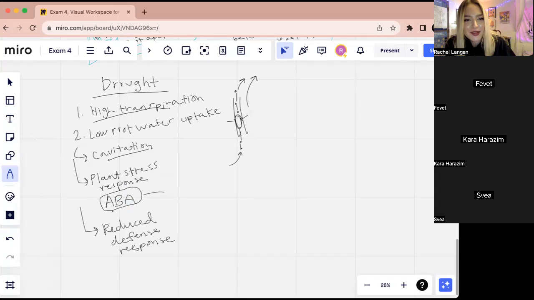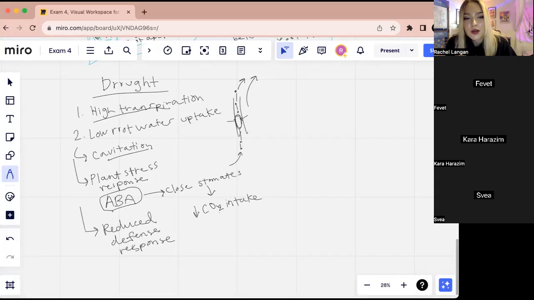ABA is going to close stomates, which is going to decrease CO2 intake. If CO2 can't come in, there cannot be photosynthesis. There can't be carbon fixation.